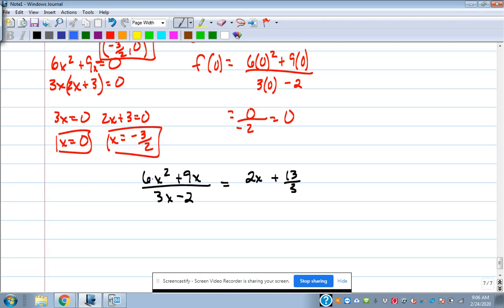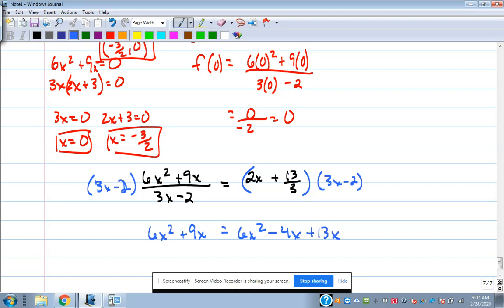Put it over 1 and cross multiply. So I'm multiplying by 3x minus 2 on both sides. So 6x squared plus 9x. And then I'm going to multiply that out. Good old distributive property: 6x squared again minus 4x plus 13x minus 26 over 3.